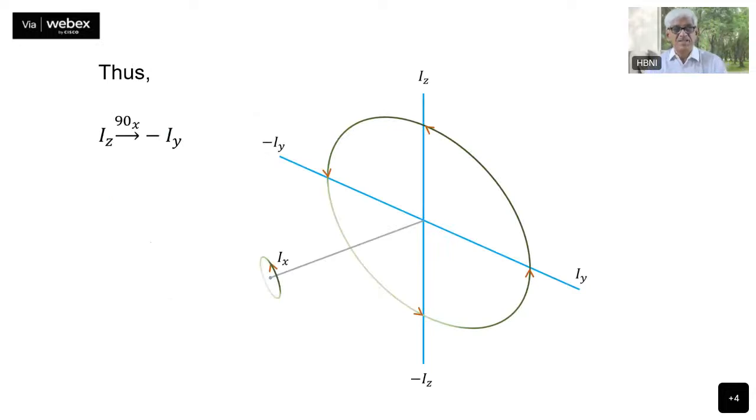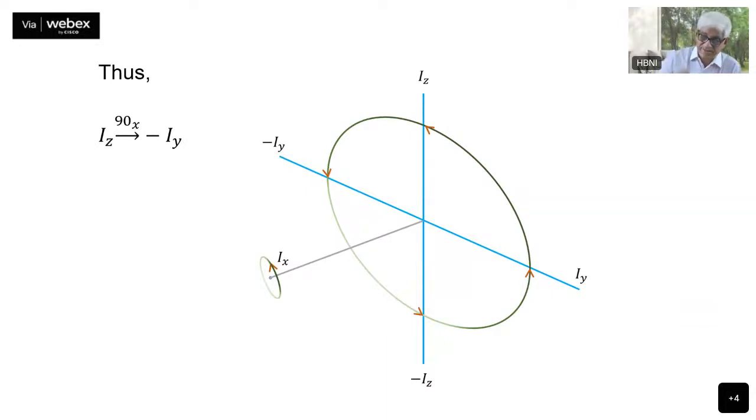Again I put it as a rotation group here. The rotation can happen about any axis. The rotation can happen from Z to Y or Y to Z or X to Y, anything can happen. So Iz with a 90X pulse gives me Z to minus Y. If I start with Y and apply a 90X pulse, where does it go?